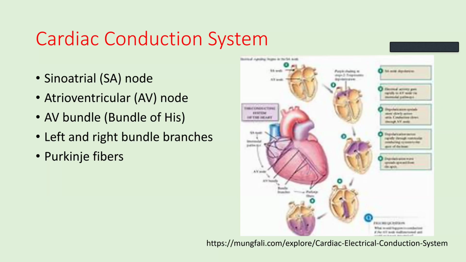The bundle branches of your heart are located where the mouse is right now, your left and right, and their main job is to conduct impulses to your left or right ventricles.